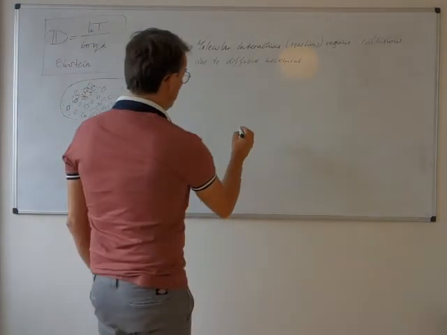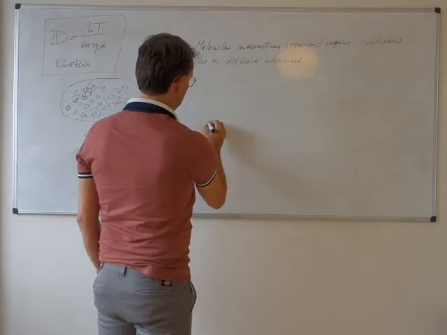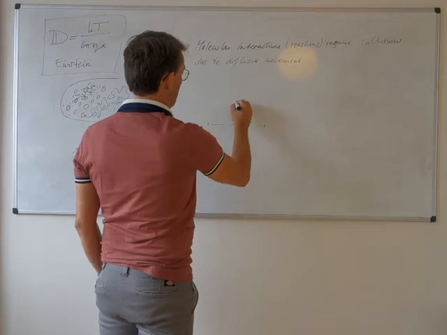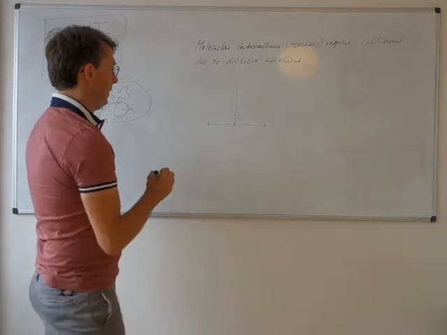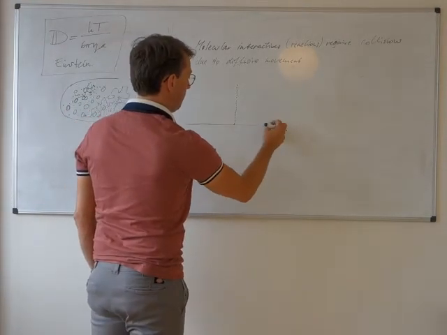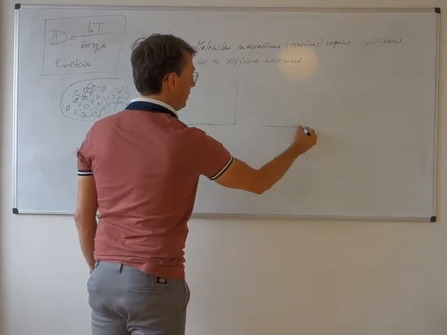So let's do a silly experiment, just for the purpose of getting the message across. So let's say we pile molecules on top of each other on some surface that is, well, infinitely long. Okay.